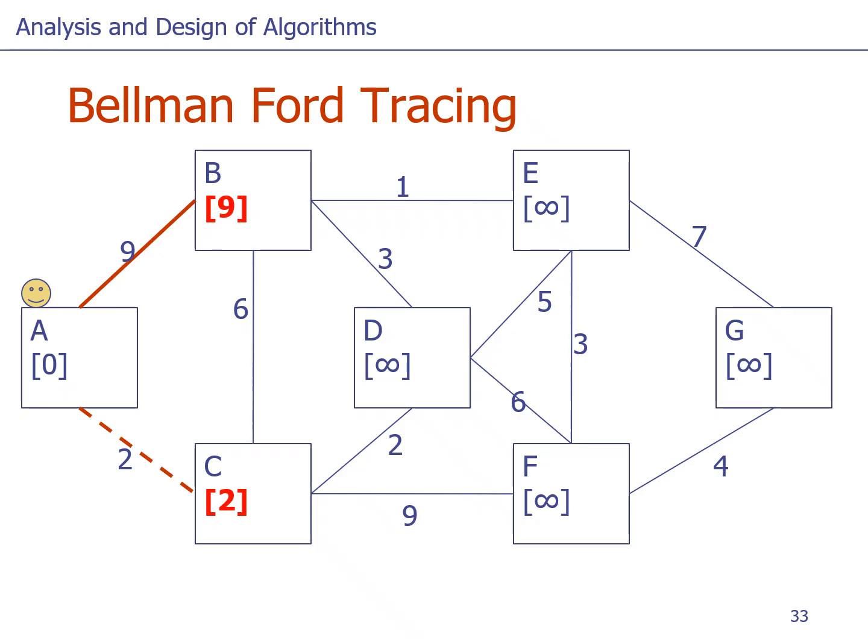Now, there are no more edges connected to A, so I could either grab B or C and ask the same question again. Who is connected to B, or who is connected to C?